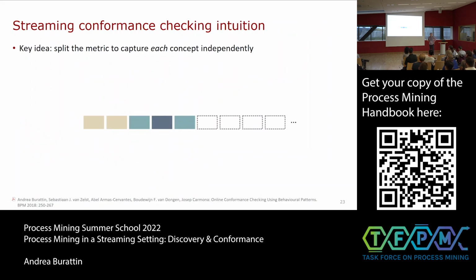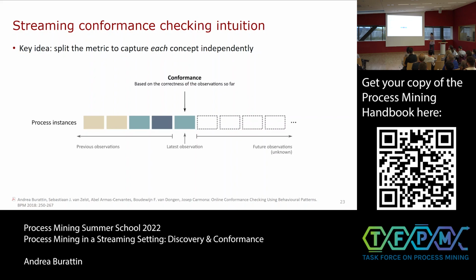Perhaps having just one value to discuss conformance in a streaming setting is not enough. It is relevant to discuss the conformance: how good is the behavior, whether the behavior that we have seen is aligned with the process or not. But we also want to discuss completeness: have we seen this trace in its entirety, or just a couple of events?